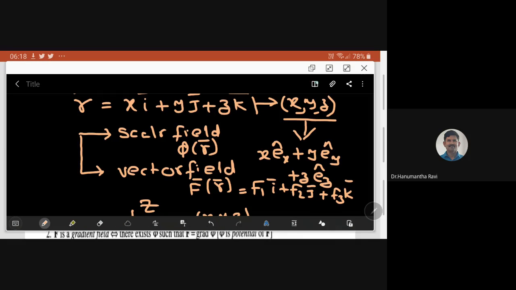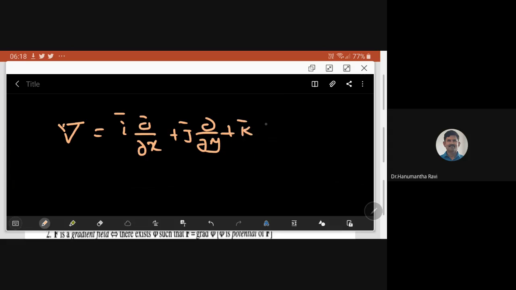So you can write this operator like this also if you use the i j k notation: del is equal to i bar into dou by dou x plus j bar into dou by dou y plus k bar into dou by dou z. This is the del operator, or I call it the vector differential operator.